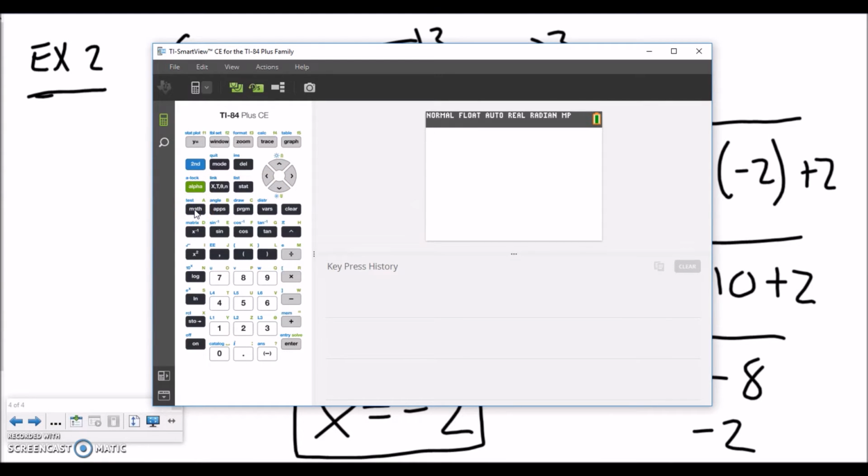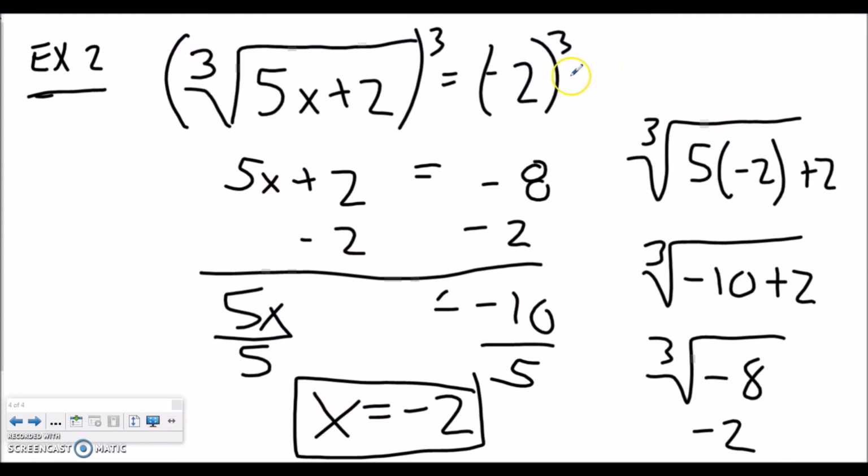We're going to hit Math, the number 4. That brings up cubed root, and we would type in negative, make sure you're using negative next to the decimal point, 8, and hit enter, and that shows us negative 2. Since that's what was in our original problem, this works as a solution.